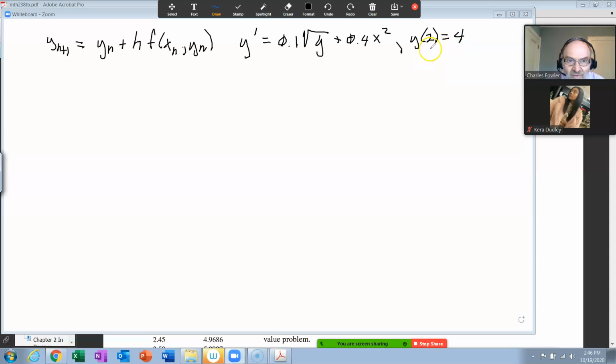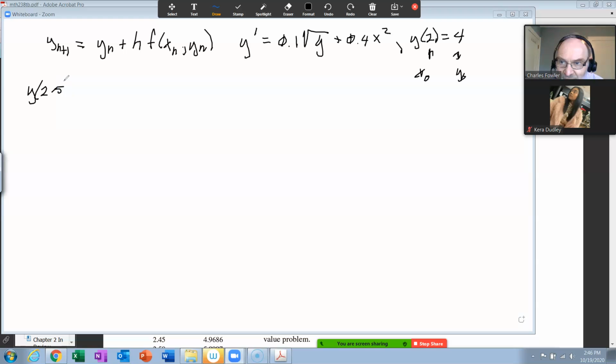So this is your x sub 0, and this is your y sub 0. Now it says use Euler's method to obtain an approximation for y at 2.5.